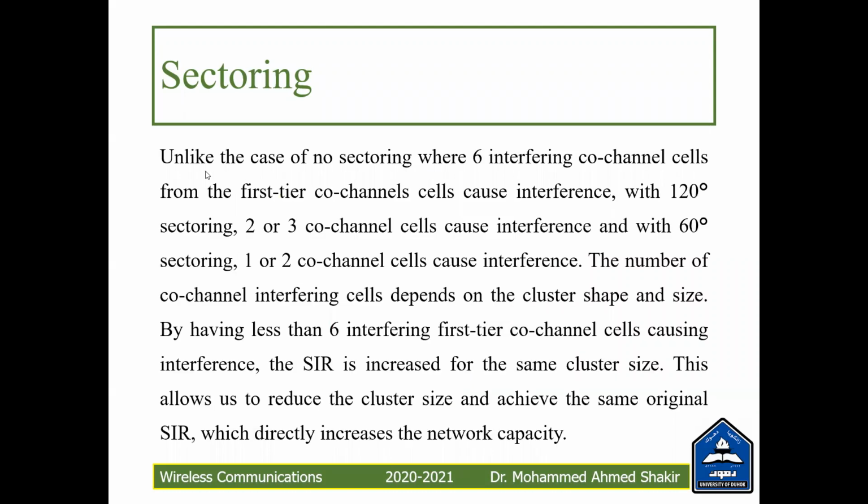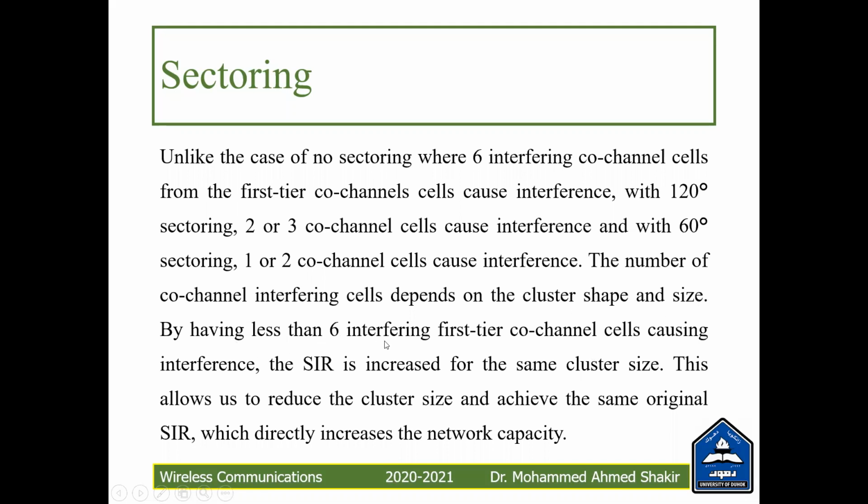Unlike the case of no sectoring, where 6 interfering co-channel cells from the first tier cause interference, with 120-degree sectoring 2 or 3 co-channel cells cause interference, and with 60-degree sectoring 1 or 2 co-channel cells cause interference. The number of co-channel interfering cells depends on the cluster shape and size.